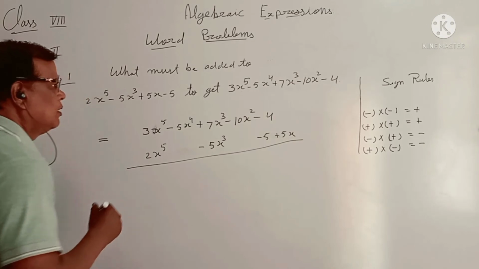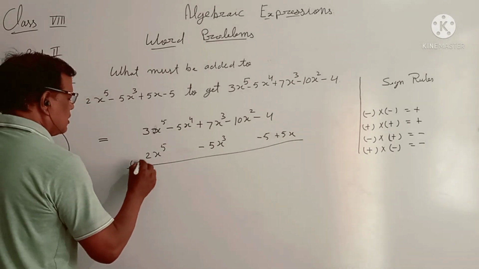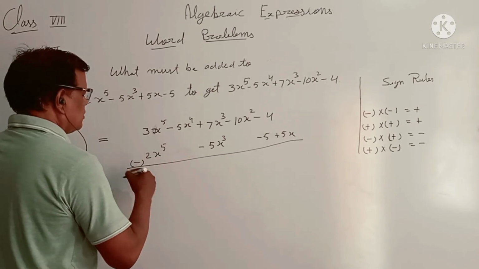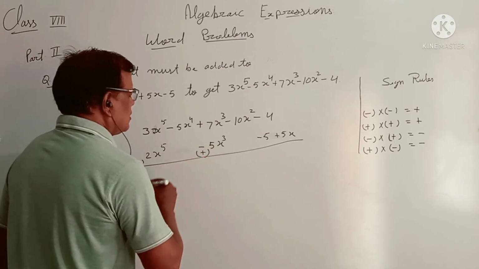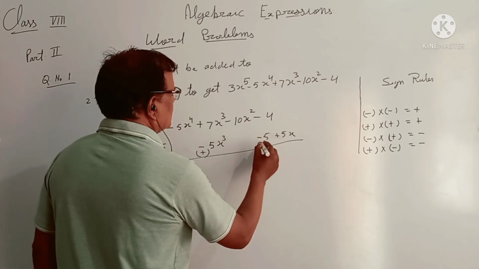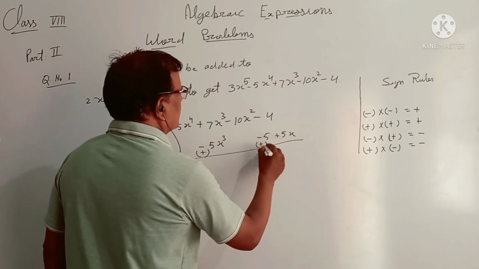Then we subtract it. When we subtract, we change the sign. Here is plus, so it is minus. Here is minus, so we have changed it into plus. Here is not any. Here is minus 5, so we change it to plus 5.